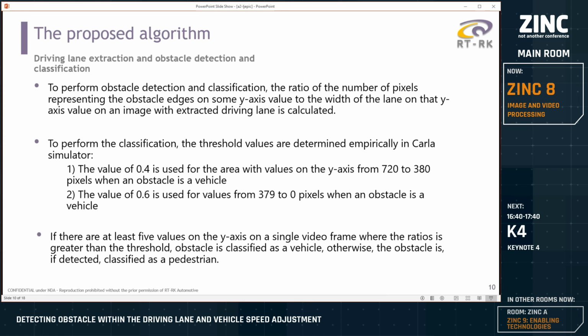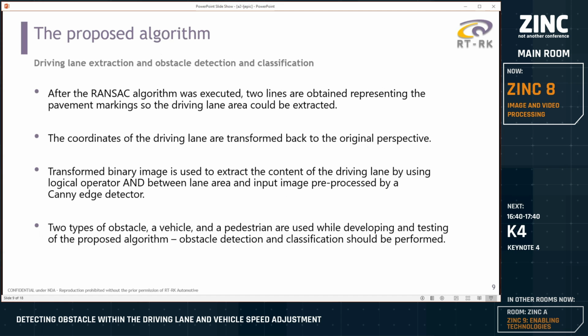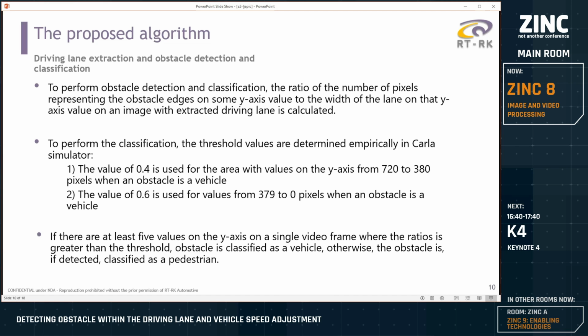Next step is to classify the obstacle that is in front of our vehicle. We used 2 obstacles that were present in the simulator. One is a vehicle, second is a pedestrian.